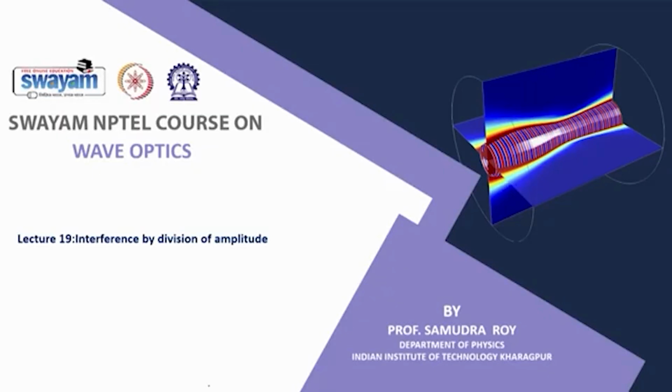So, in the last class we developed the concept of interference and then introduced how the double slit works. We also introduced a few other techniques through which you can get the interference pattern, namely the Lloyd's mirror experiment and Fresnel's biprism, where using these two instruments you can manage to get the interference pattern.